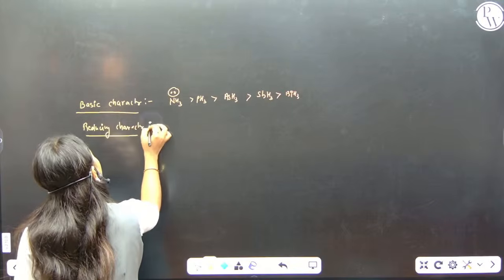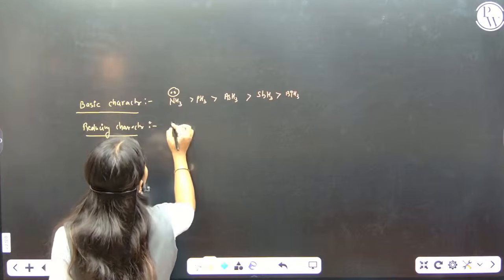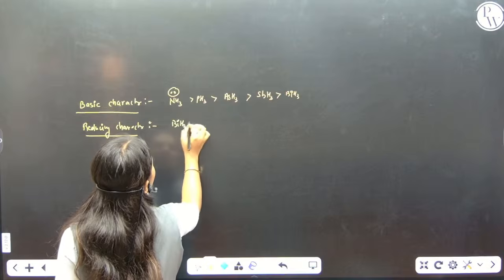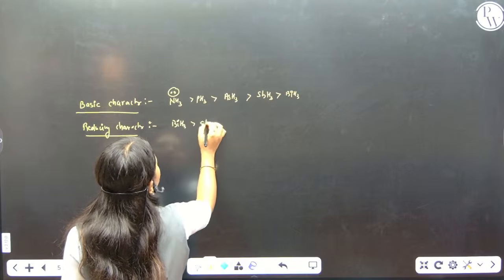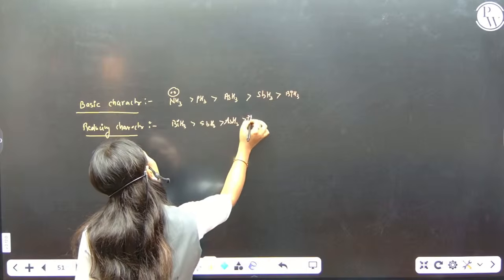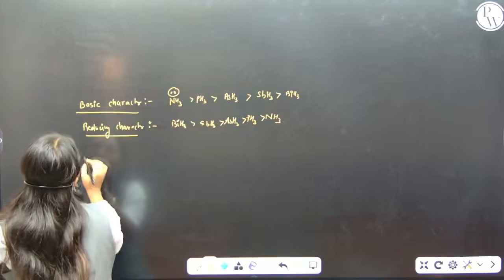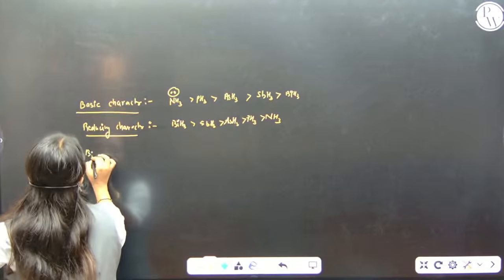Reducing character, which will reduce faster, the reverse: bismuth, antimony, arsenic, phosphine, and ammonia.